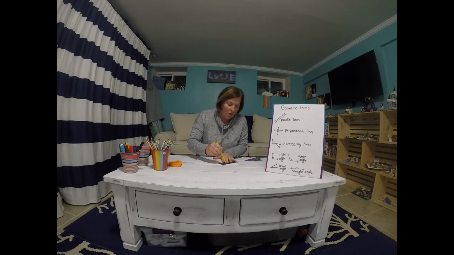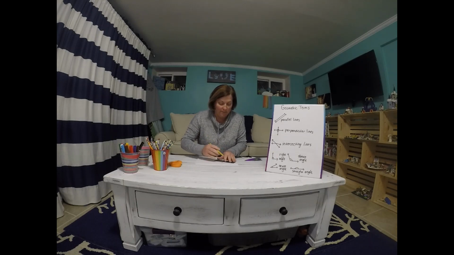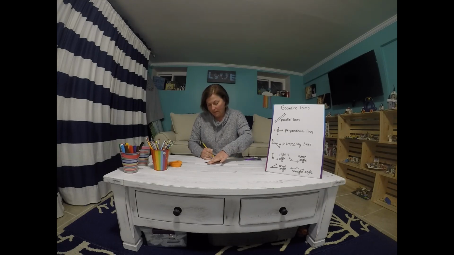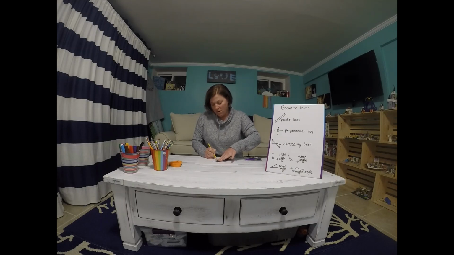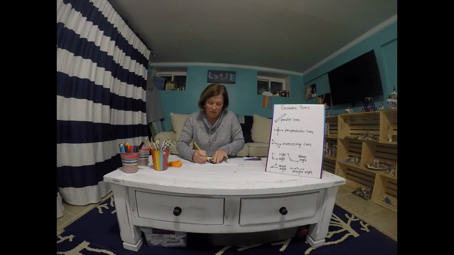You could cover up the whole entire paper making these lines. You can make as many or as few as you want. The more you make, the fancier your design is going to be.